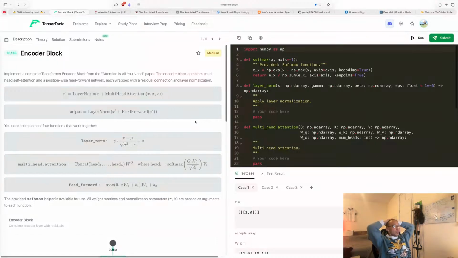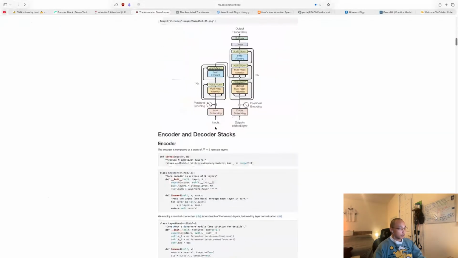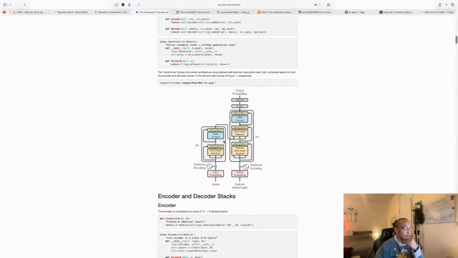So the Attention Is All You Need paper has, let me see if they have it. Yeah, they have two blocks that they explain, the encoder block and then the decoder block. Most of the generative models are just the decoder block.